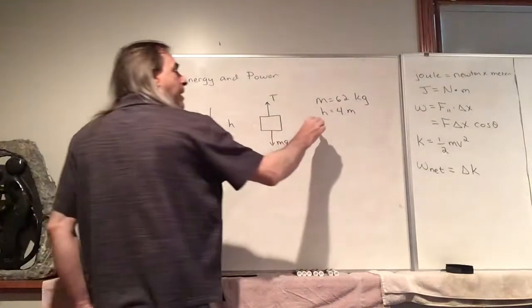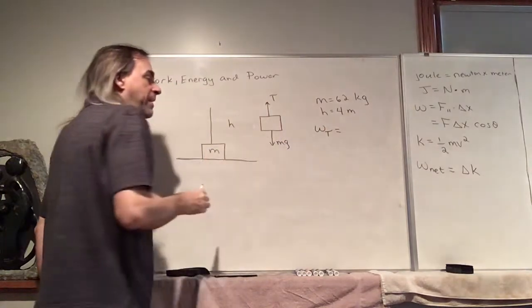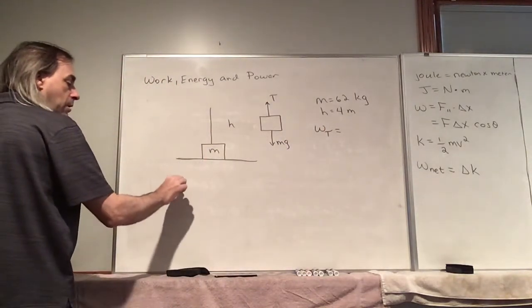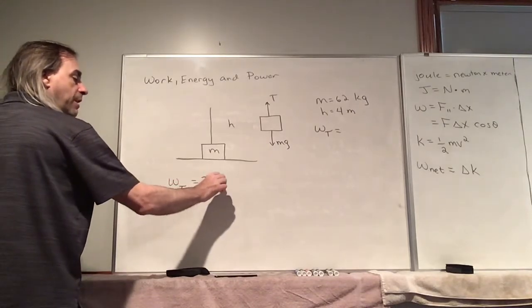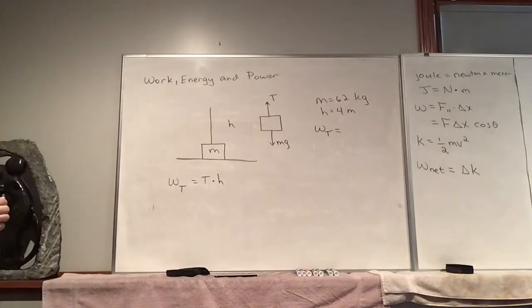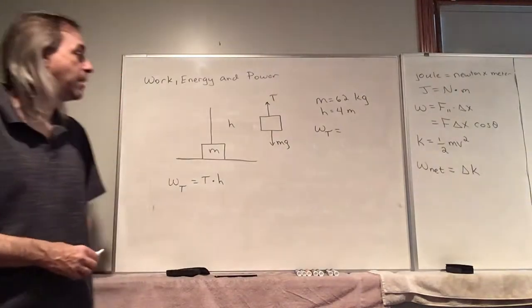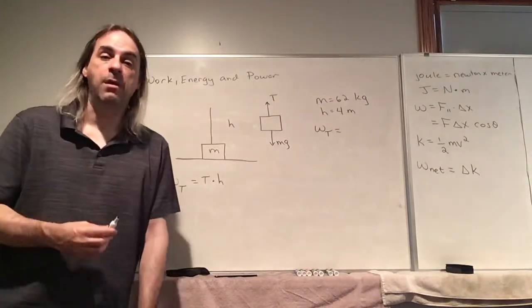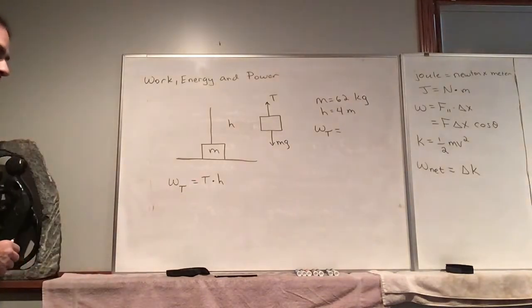Now the work done by tension would just be tension times the height. So force times the distance in this case, because we're lifting it up and tension and the displacement are parallel. So it's a positive value here. So work is tension times height.